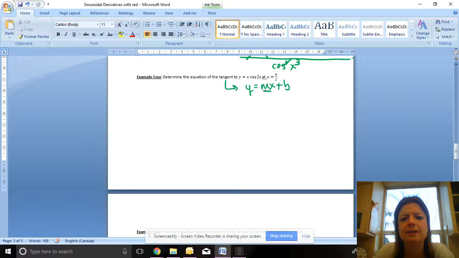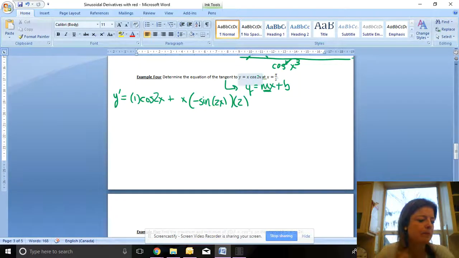So we need to find the slope of this line by finding the derivative at this x value. So let's do our derivative. So y prime equals 1. So that's the derivative of x. And then cos 2x we leave the same. Plus x. And now we take the derivative of cos 2x. So that's negative sine 2x times 2. Okay, because of the chain rule.